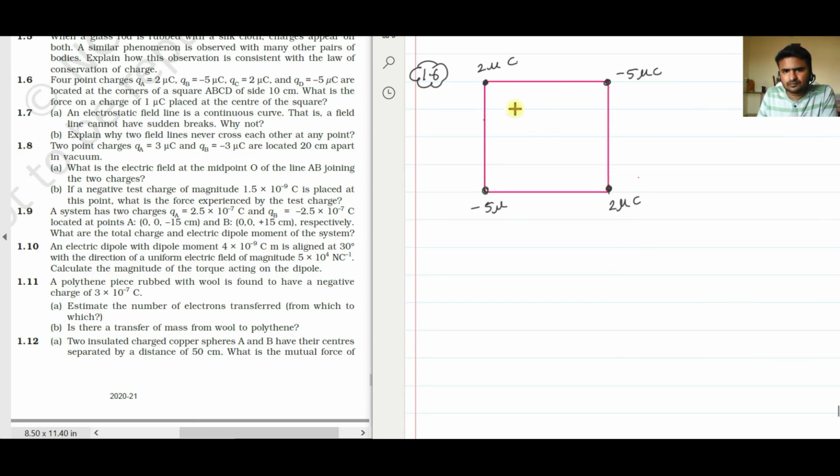The middle is nothing but the point of intersection of diagonals, the center. There we are keeping 1 microcoulomb of charge. And how much will be the force on this? They've said that the side is 10 centimeter.